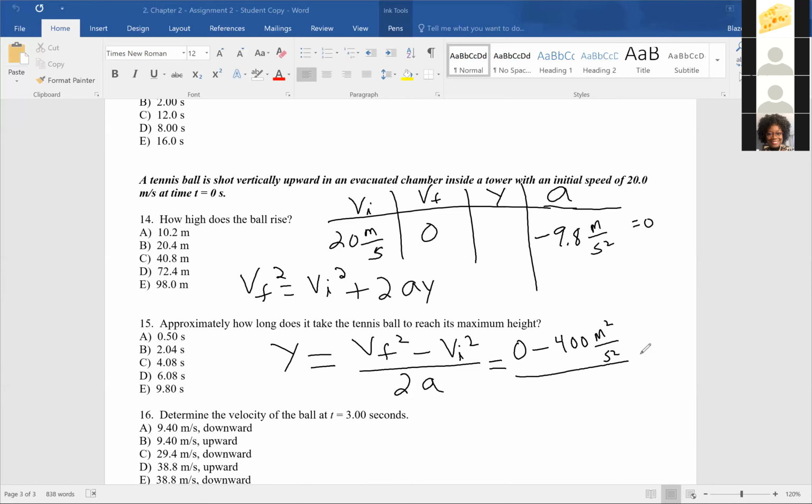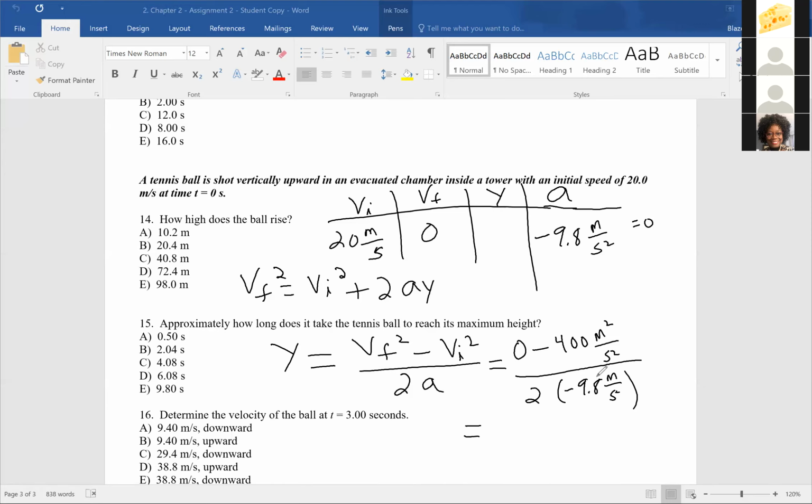Divided by 2a. So 2 and a is negative 9.8 meters per second squared. So now, how high does the ball rise? Well, negative divided by negative will give me a positive. So I've got 400 divided by 9.8. That's almost like 10, right? So 400 divided by 10 would give me approximately what?